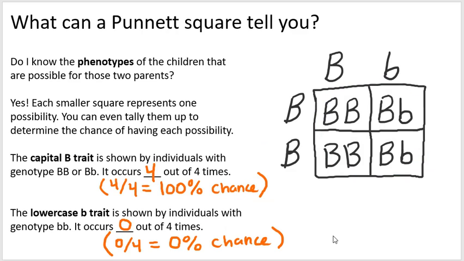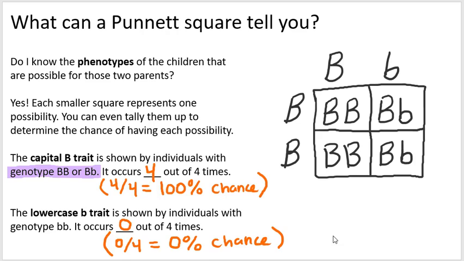And lastly, for this video, a Punnett square can tell us the phenotypes of the children that are possible for these two parents. And we'll count them up in a way that's similar to what we did for genotypes on the previous slide. But this time, we'll have to combine the genotypes for big B, and big B, little b.